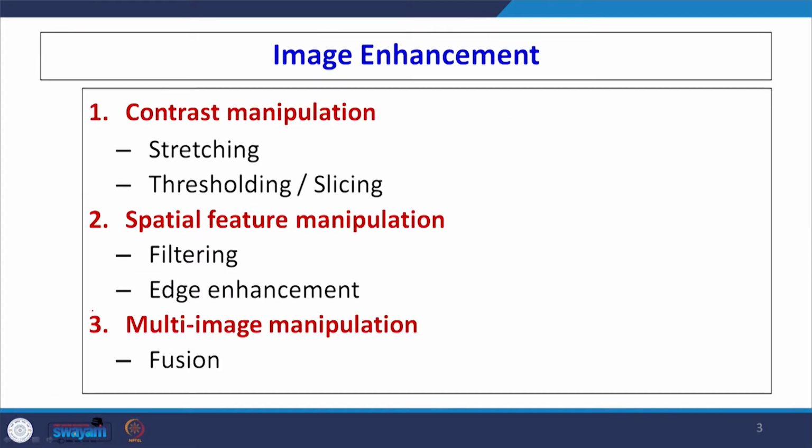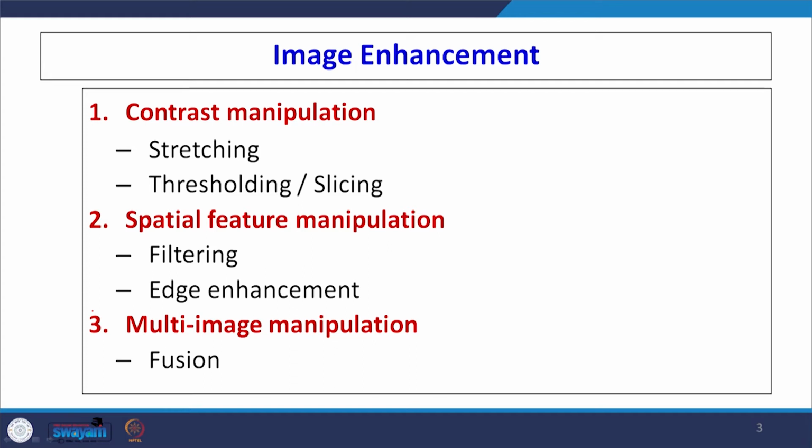So let us see how we can enhance the image and improve its contrast. We are actually doing it in three ways. One is contrast manipulation, where we are changing the contrast of the image, stretching the DN values, thresholding the DN values, or doing density slicing of the DN values. The second is filtering.